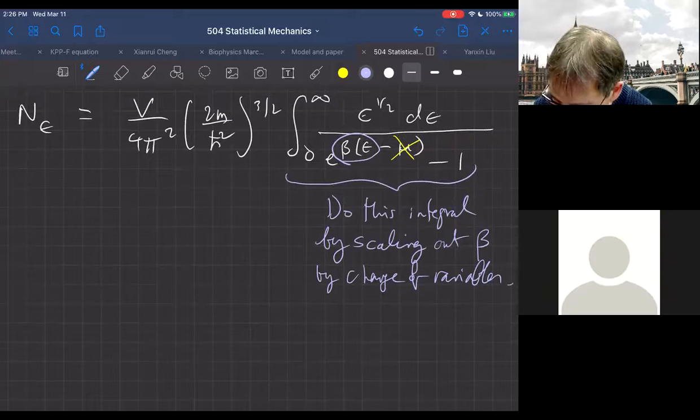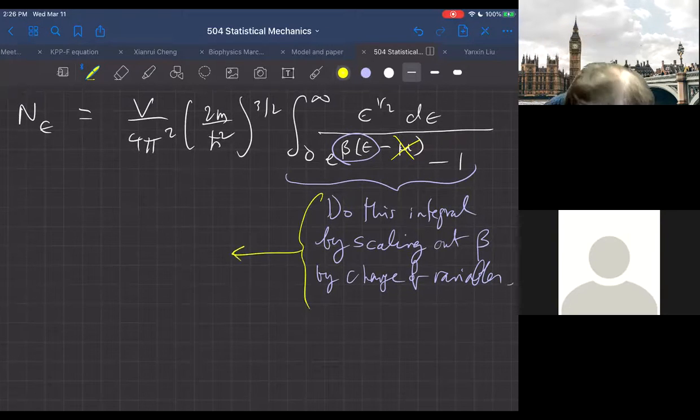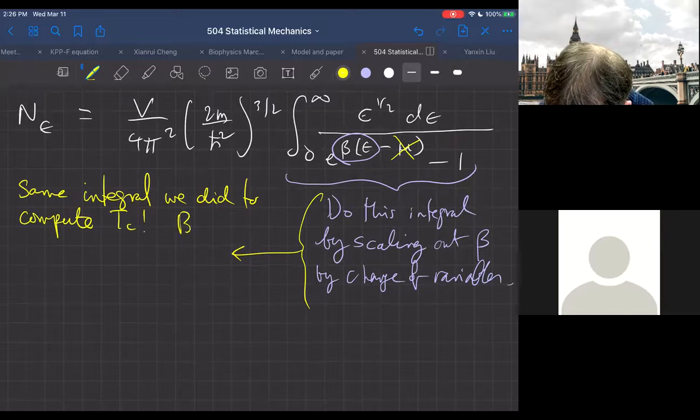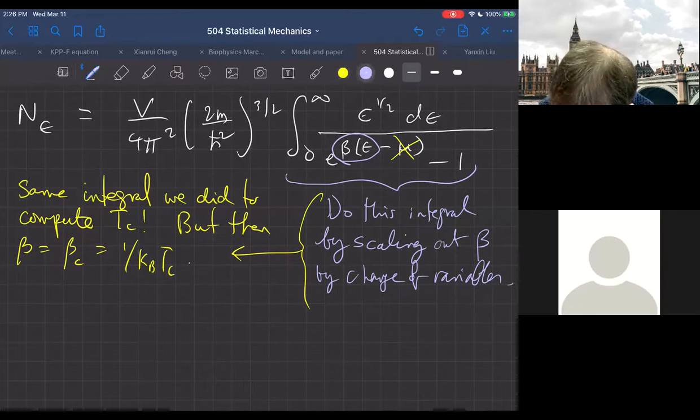So this integral is the same integral that we did to work out the critical temperature. But when we did the critical temperature, that beta was beta_c, which is 1 over k_B T_c.